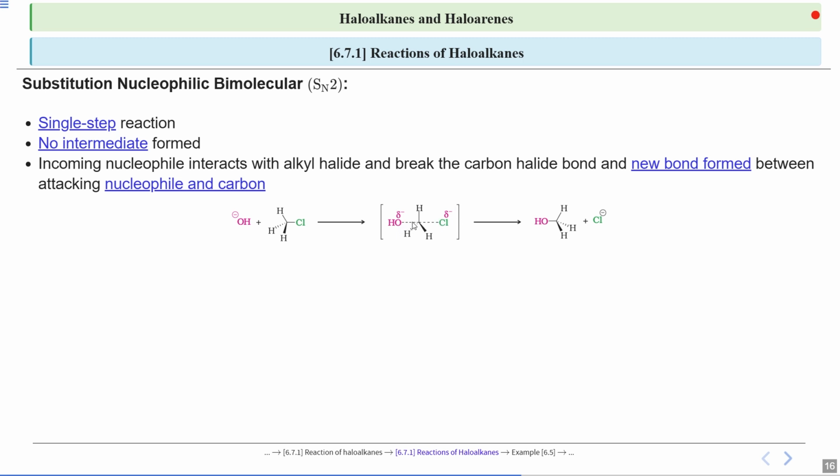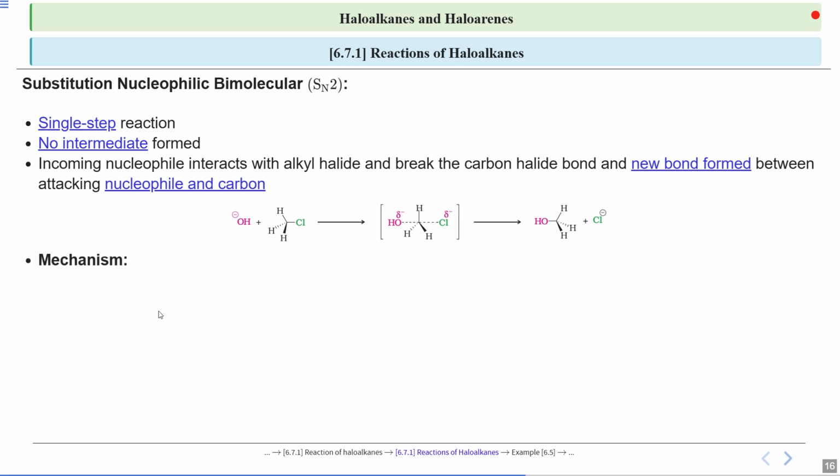The chlorine-carbon bond is breaking, and the hydroxyl oxygen-carbon bond is forming. Finally, the carbon-halogen bond will break and the oxygen-carbon bond will form, and you will get your final product as the alcohol, plus chloride, the leaving group, which leaves the reaction.